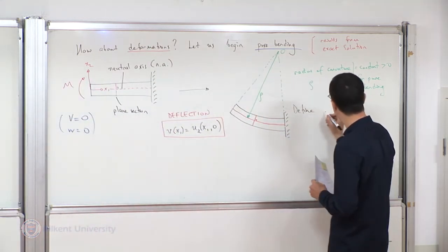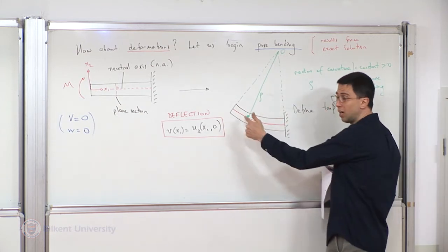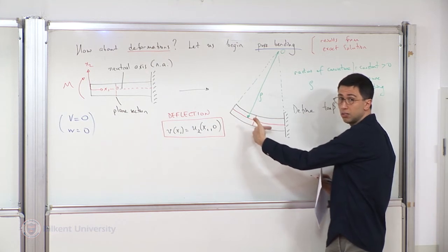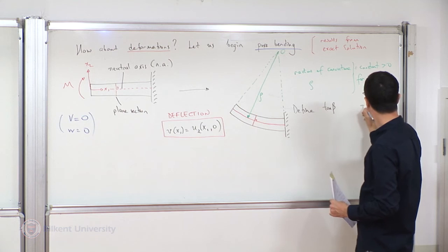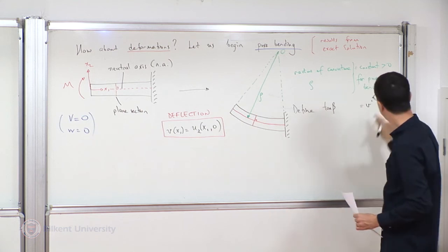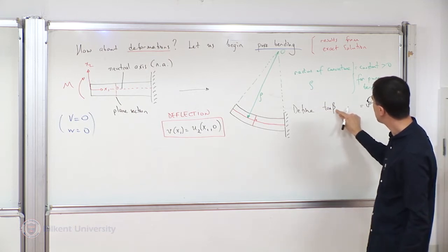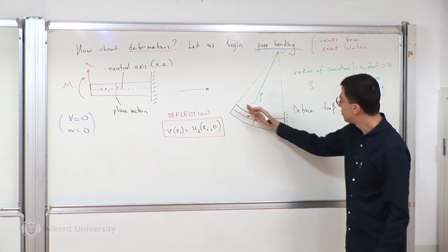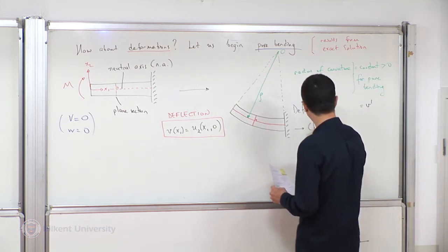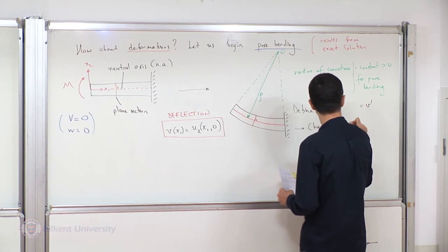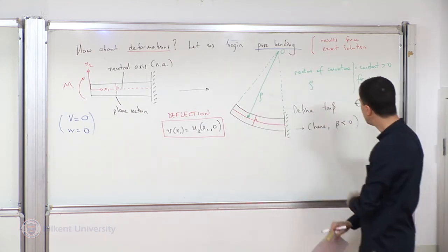So for instance, now I can define the angle that this line makes with the horizontal axis. And the angle is the derivative of V. Okay? So V prime is the tangent of the angle that this red line makes with the horizontal axis. And in this case, obviously, beta is less than 0 because the slope is negative, right?